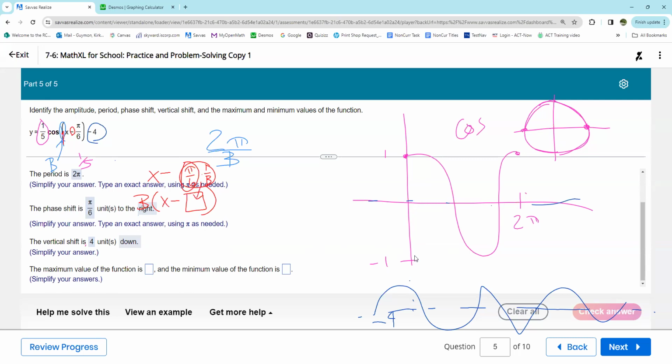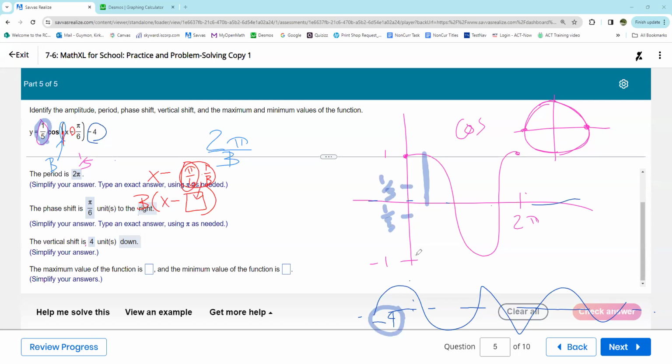The maximum value of the function is, so I think what that's referring to, how high will this end up going? So remember that up here we had this amplitude of 1/5, so it was going to go 1/5 high. So the real thing is 1/5 and 1/5, but that's going above and below this -4.